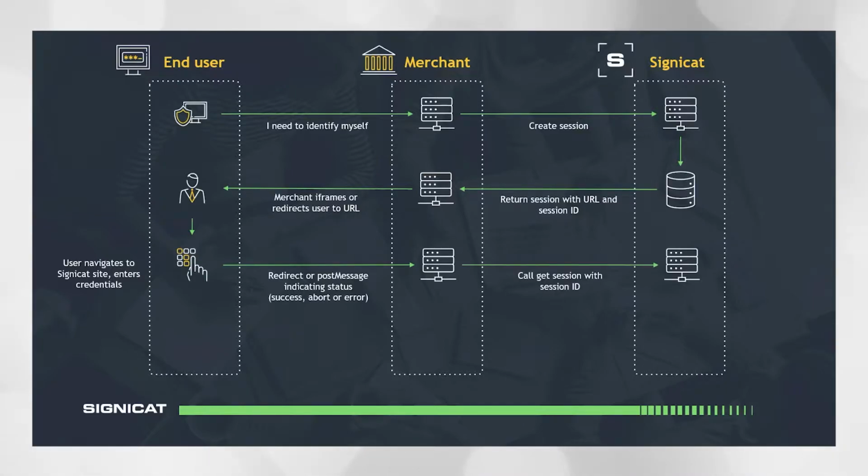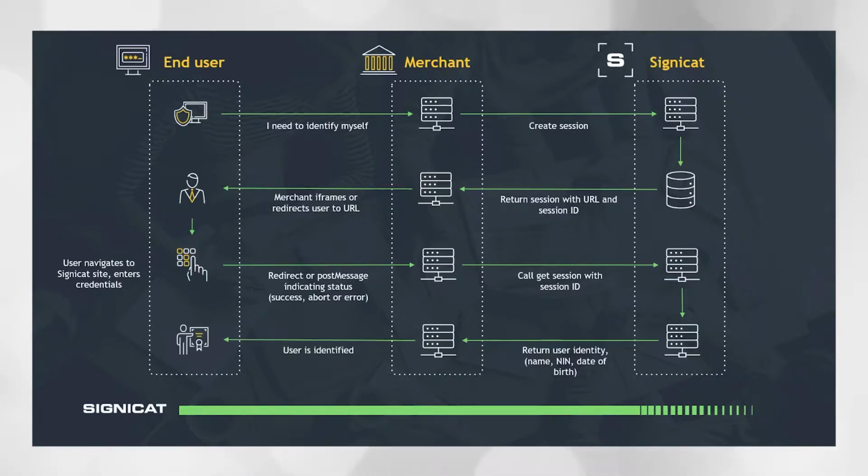Then, you as a merchant call the Signicat Authentication API with a session ID from the first step. We will return the user identity with name, a national identifier, or date of birth. This depends on what data you required when starting the session. Then you as a merchant will need to store this on your side and log in the user.